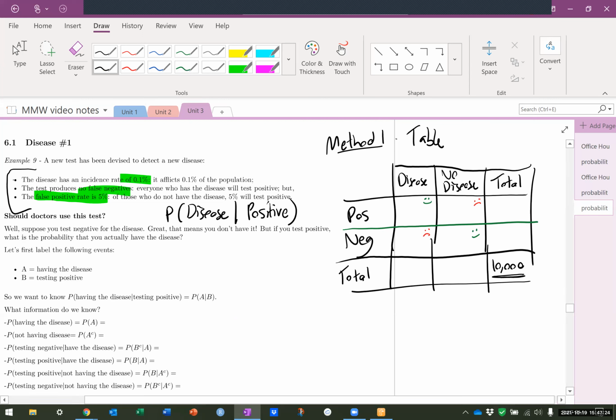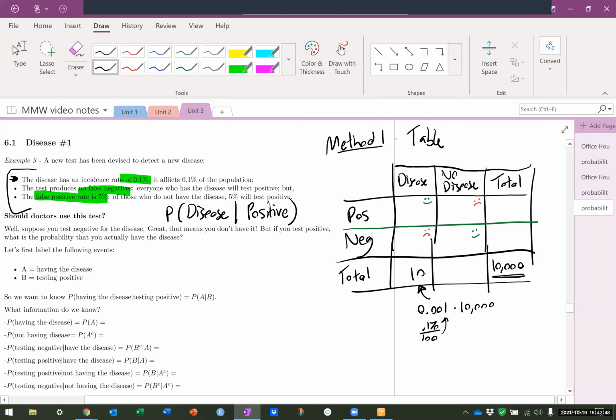So let's start with this first piece of information. The disease affects 0.1% of the population. Okay. That means 0.001, that's 0.1% divided by 100, which is how we get this to a decimal, times 10,000 gives us the total people that have the disease.